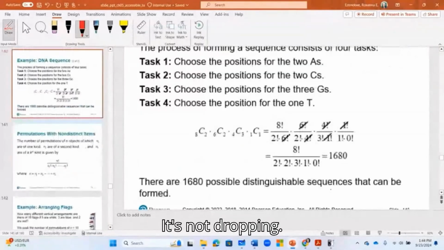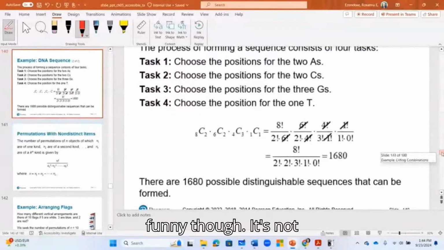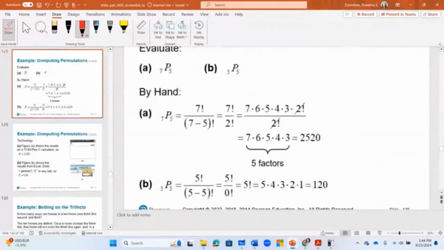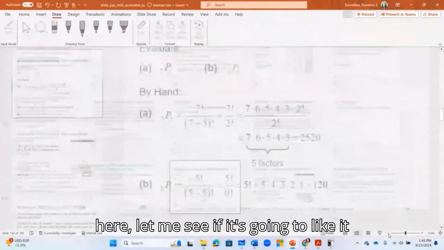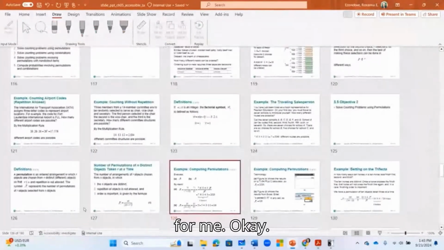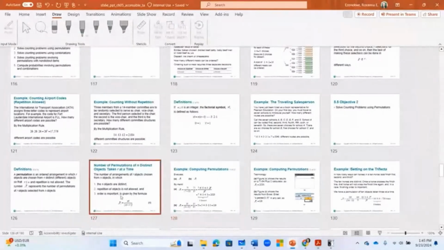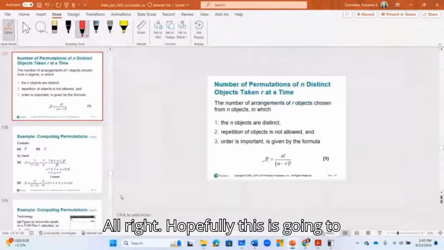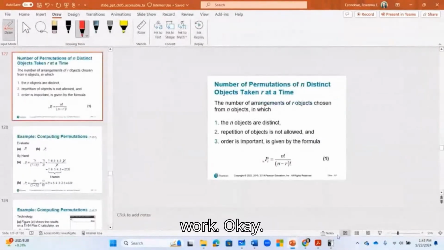It's not right. I'm sorry, but this is not funny though. Okay. Let me go here. Let me see if it's going to work for me. Okay. All right. Hopefully this is going to work.